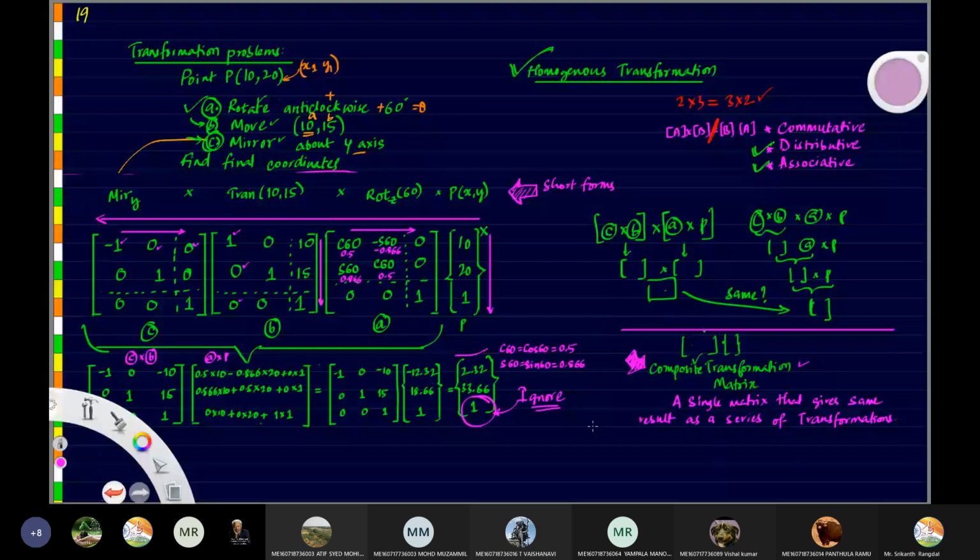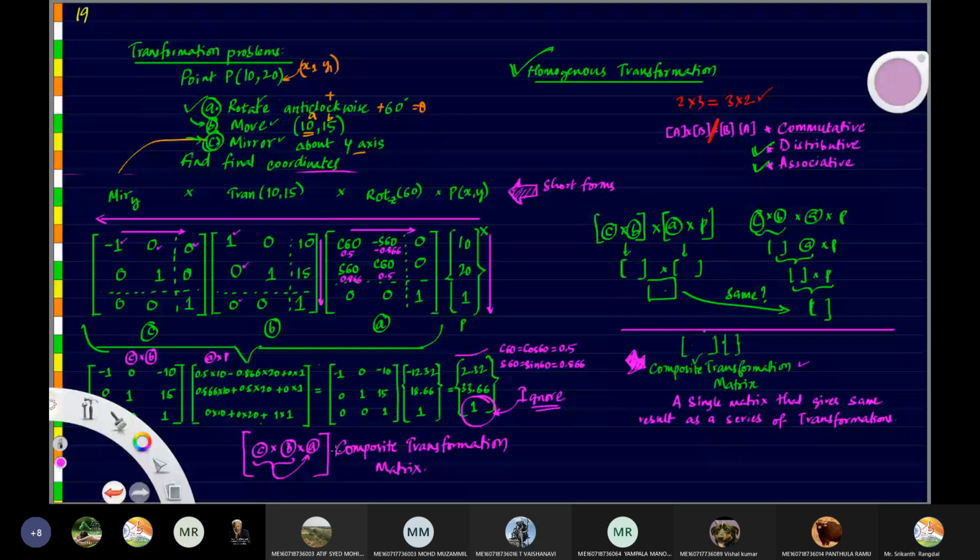First, you have to multiply C with B, and then multiply the result with A. The single matrix that you get, which is the result of all these three, is called the composite transformation matrix.